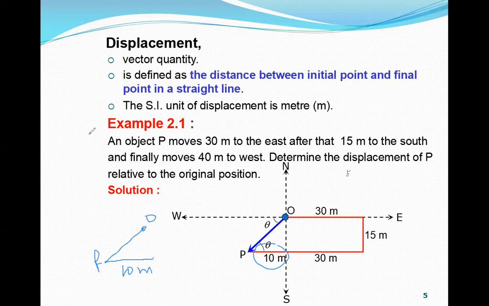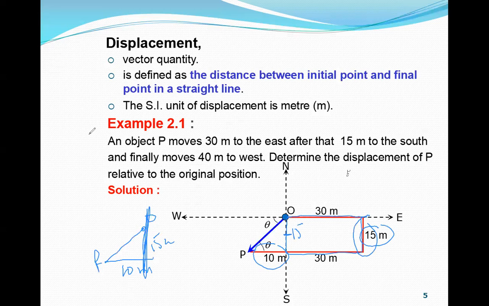What about this height? It is 15, because this is a rectangle here, and rectangle properties say the opposite sides are equal. So this side is also equal to 15.